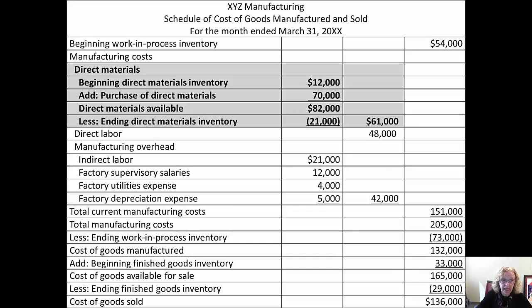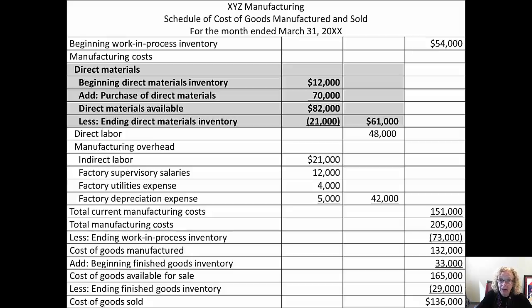Over here, under manufacturing costs, this represents our computation of how much materials we used during the period. We already had $12,000 worth of materials. We bought another $70,000 worth of materials.